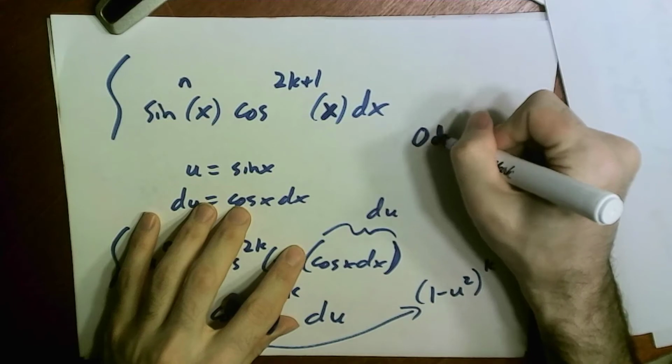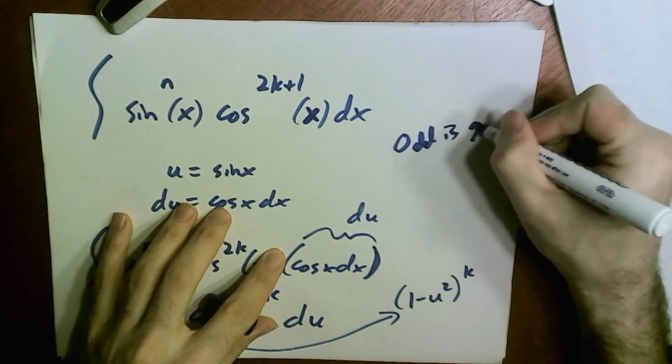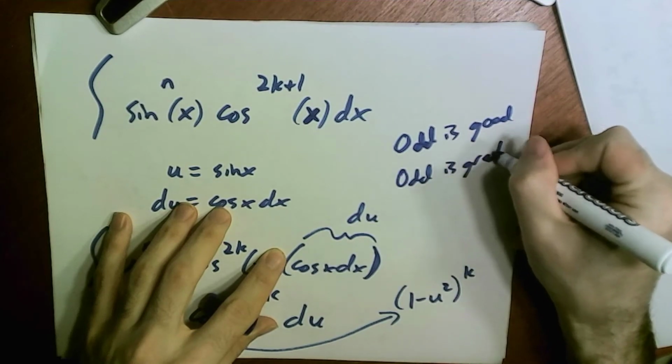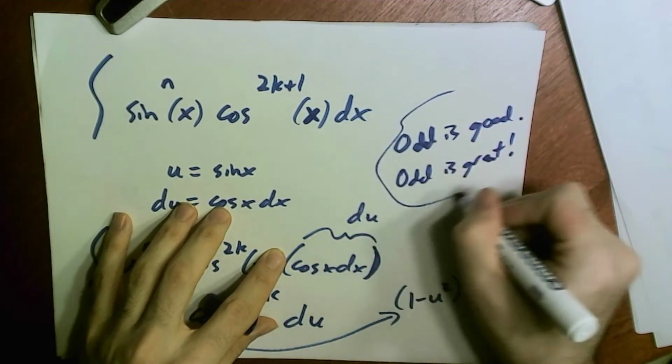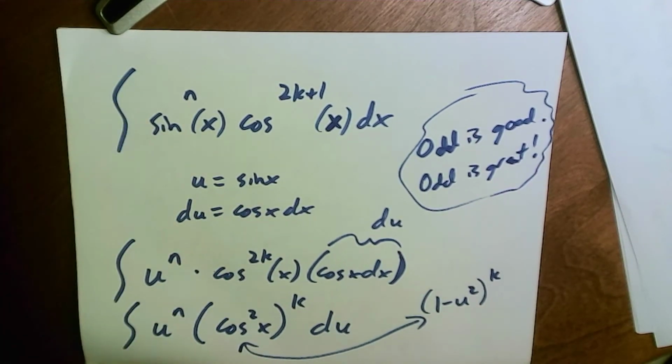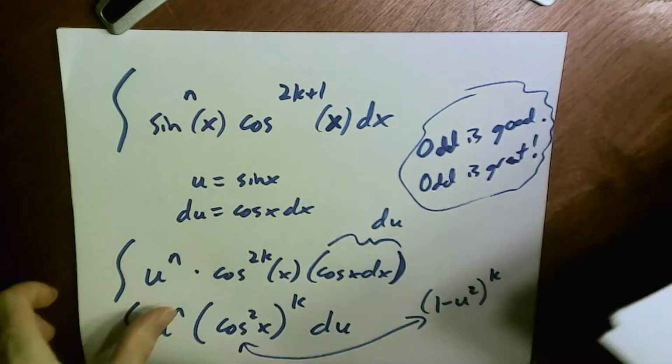Odd is good. Odd is great. When I'm substituting with sines and cosines multiplied together, I really hope at least one of them is odd.